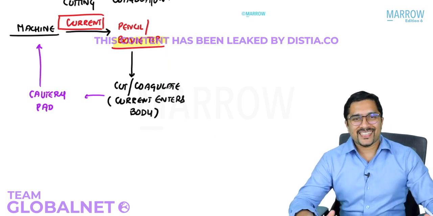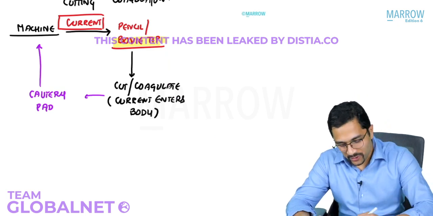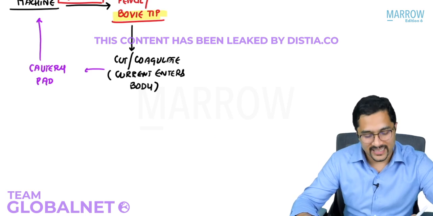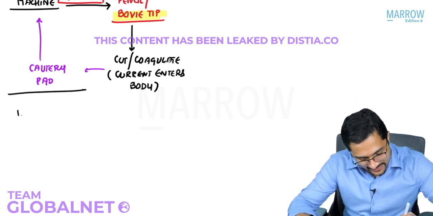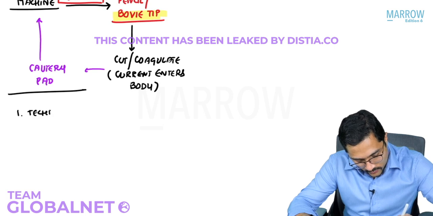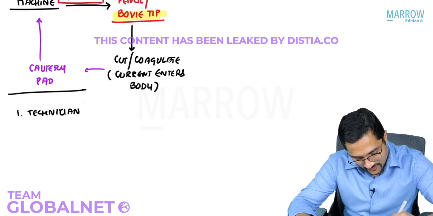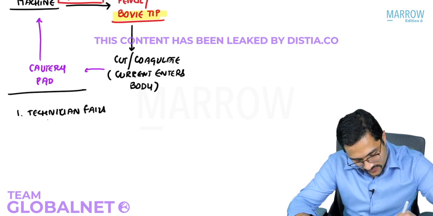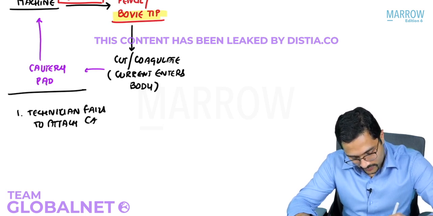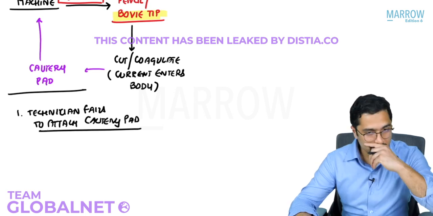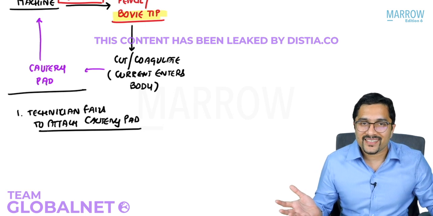Now, there are certain scenarios which happen in the OT which I want to discuss, and they've also been asked as MCQs. The first scenario is that the technician fails to attach the cautery pad. So, if the technician fails to attach the cautery pad, the circuit will not get completed, right?